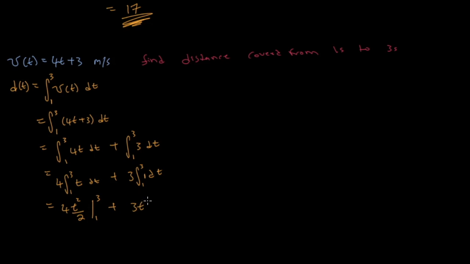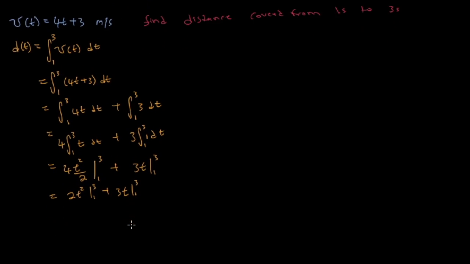Old habits. From 1 to 3. And now we can go ahead and solve. So remember, this simplifies to just 2t squared from 1 to 3 plus 3t from 1 to 3.